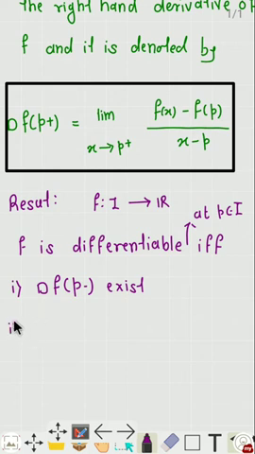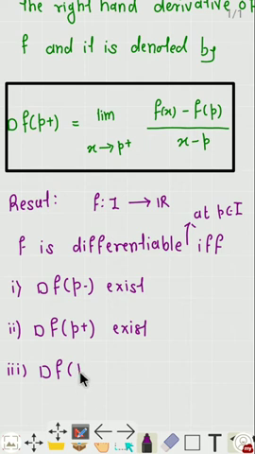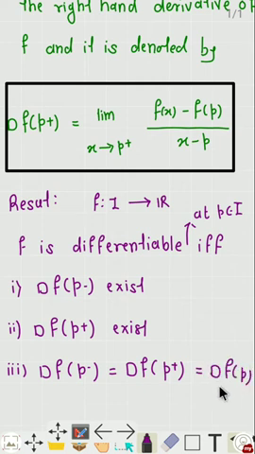Second, derivative of f at p plus exists. And third, derivative of f at p minus is the same as derivative of f at p plus. Means the left hand derivative and right hand derivative must be equal. This common value is the derivative of function f at point p.